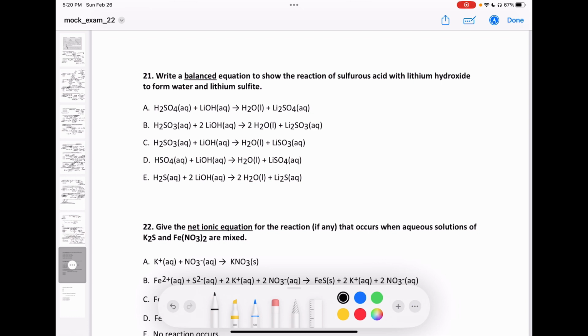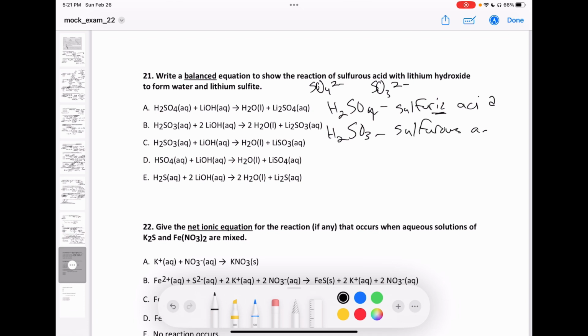Okay, so I don't know if you guys went over this, but the anion sulfate is SO4 2 minus, and the anion sulfite is SO3 2 minus, and the name of this acid, H2SO4, is sulfuric acid, and then the name of this acid, H2SO3, is the same thing as sulfuric acid, but just replace the IC with an OUS, and that's sulfurous acid.